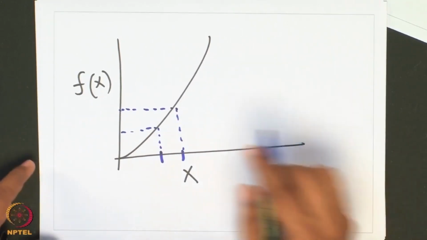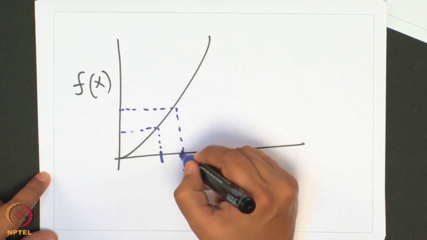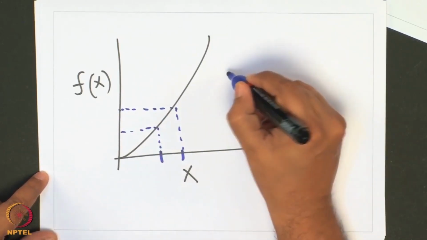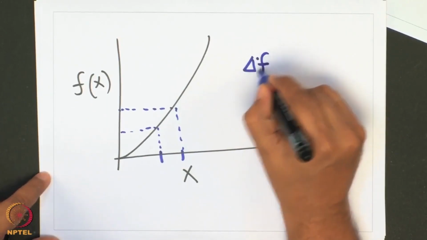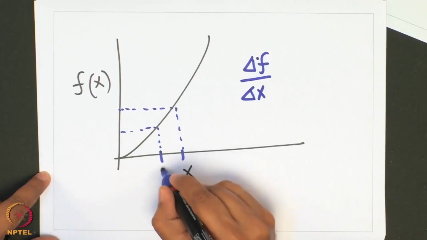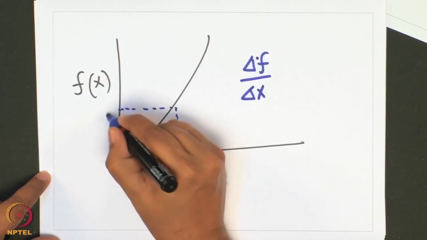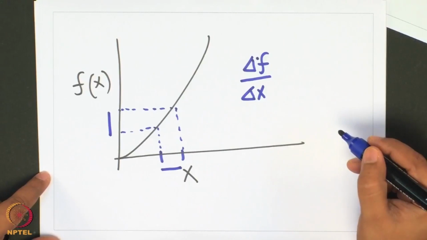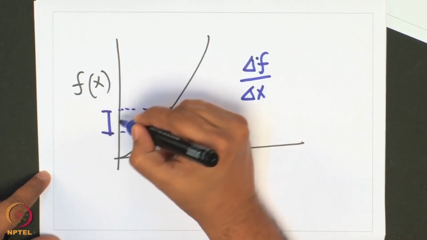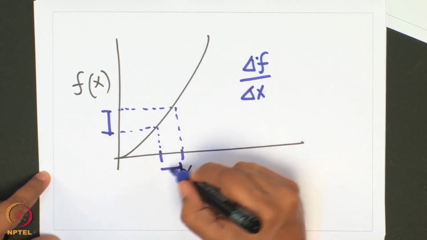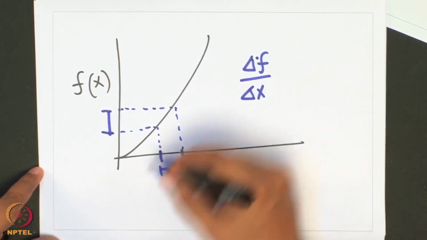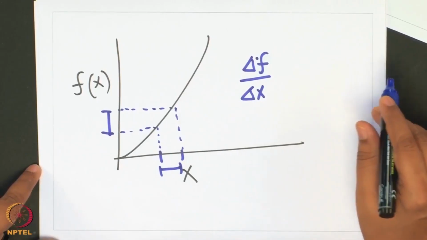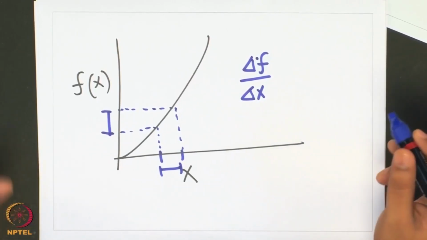We said this minus this divided by this minus this, that is, delta y or delta f by delta x. This is our delta x and this is the delta f. If you do this for a small enough delta x, you will get a nice, accurate answer for the derivative. This is what we did so far to compute derivatives.